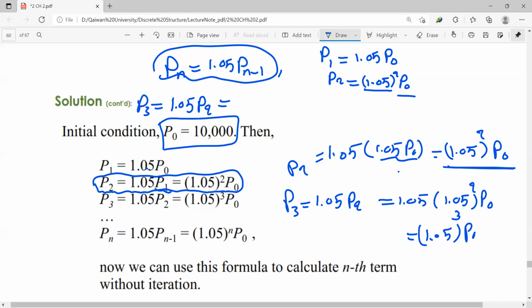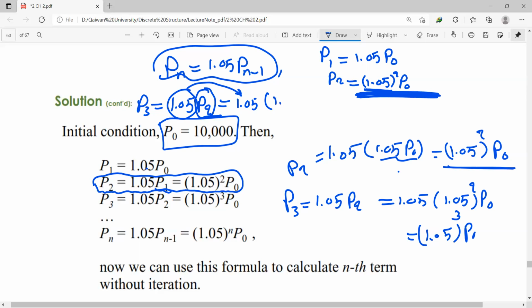And here we say 1.05 P2. What's P2? It's 1.05 squared P naught. We just replace it by the value. We get 1.05 times 1.05 squared P naught.